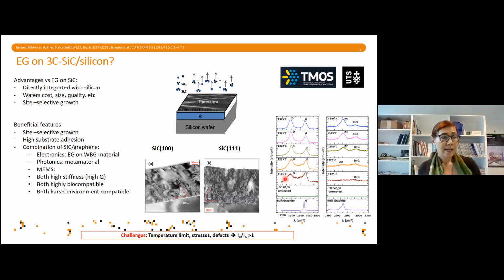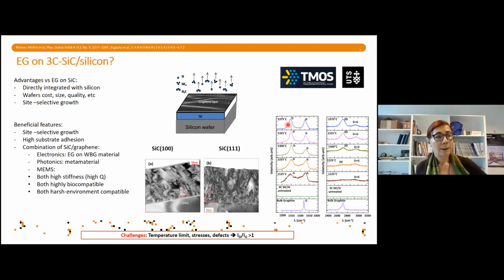Now, it turns out that you can grow silicon carbide on silicon, and you might try to repeat the same trick with thermal decomposition so that you have in the end graphene on silicon carbide on silicon, right? It turns out, though, that repeating that trick with this system is particularly challenging, and it always ends up with highly defective graphene that is not necessarily uniform.